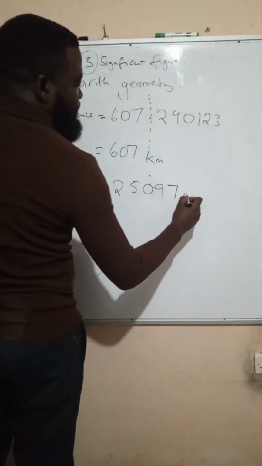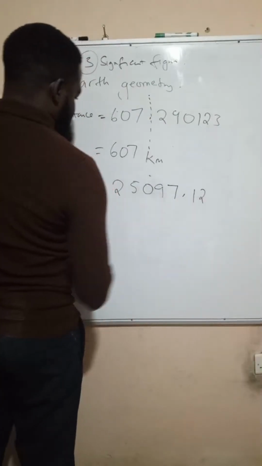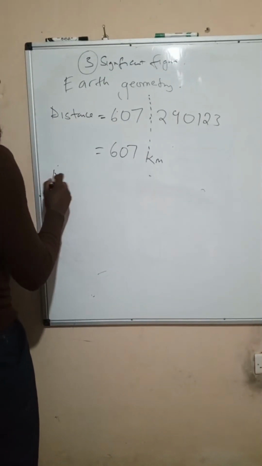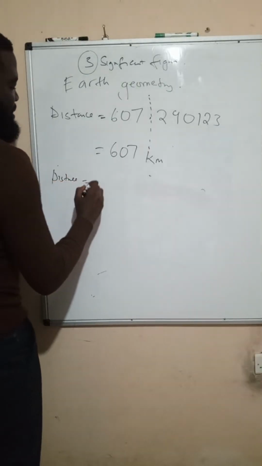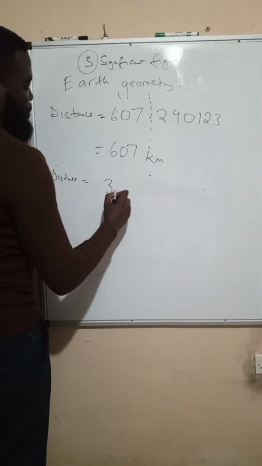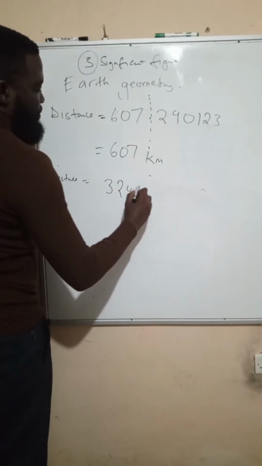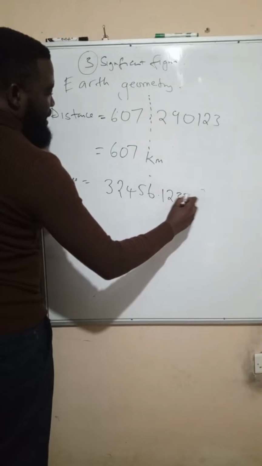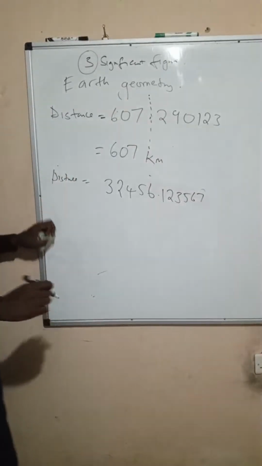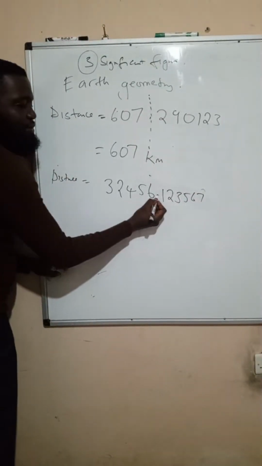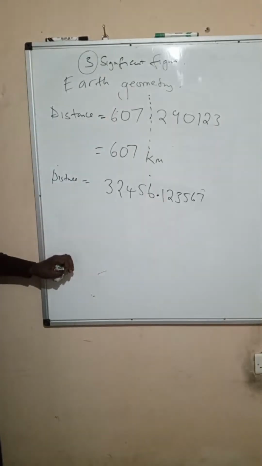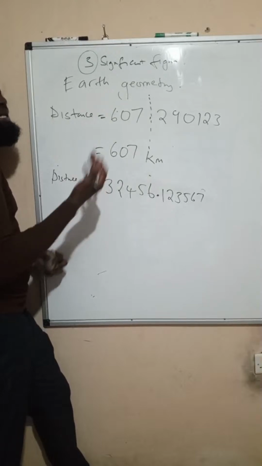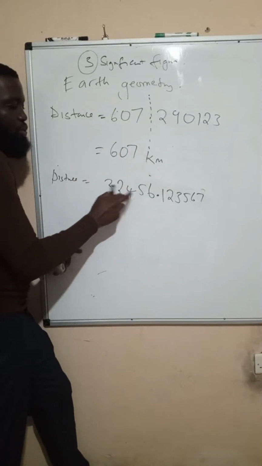Okay, let's say it's like this. I'll write this. Maybe your answer, the distance, is let's say 3245, 6.1235567, and so on. How do you round off this to 3 significant figures? You count 1, 2, 3.